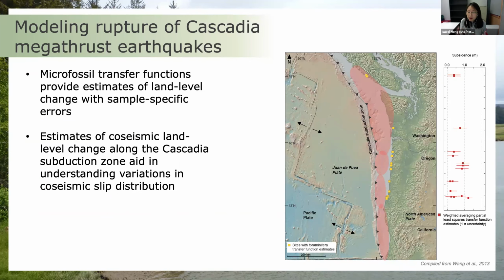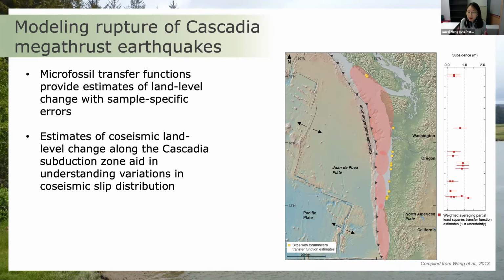And that involves talking about a concept known as the earthquake deformation cycle. What I have for you here is this block diagram showing the tectonic setting, where we have the subduction of the Juan de Fuca plate underneath the North American plate. And that's creating this stuck zone that's causing very gradual uplift in coastal environments.